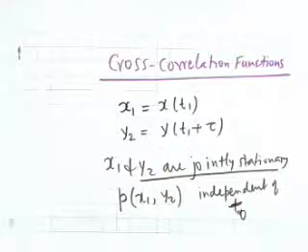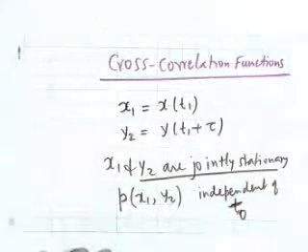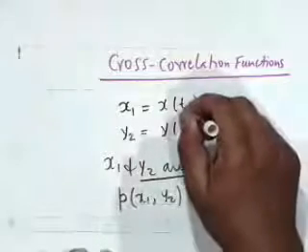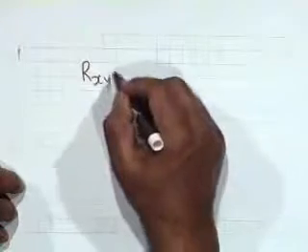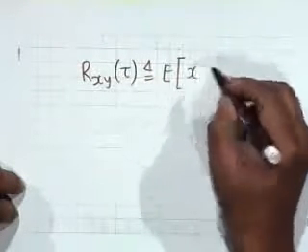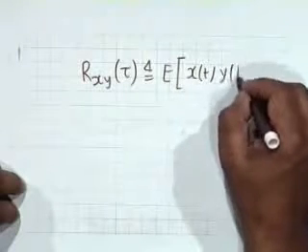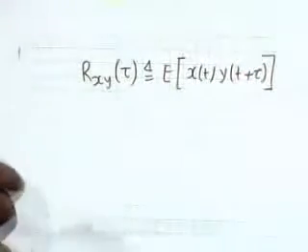Which means that if we define a correlation function between x1 and y2, this shall be independent of t1 and shall only depend on tau. Therefore, for this particular case of jointly stationary random variables, we can define Rxy(tau) as the expected value of x(t) y(t plus tau), where the absolute value of small t is unimportant.